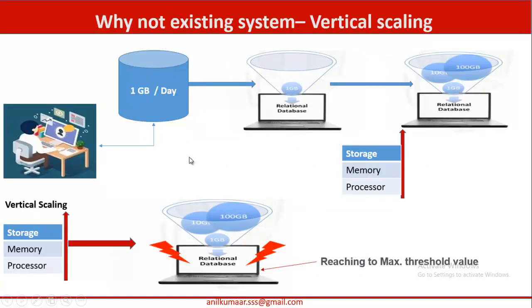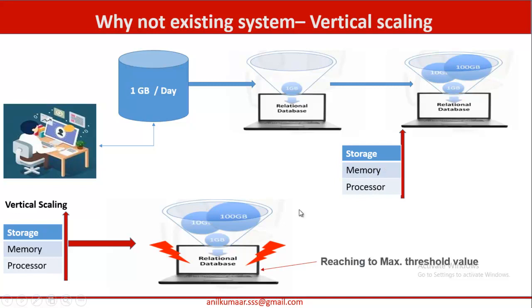Look at this. We were talking about vertical scaling earlier, scale up and scale out architectures, right? So just understand here. For example, this guy is getting 1 GB per day. It can accommodate 1 GB, 10 GB and 100 GB. Then this guy reaches the maximum, and he has issues in terms of storage, memory, and processing also.